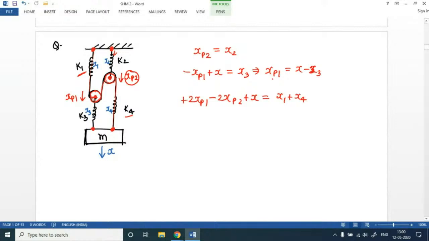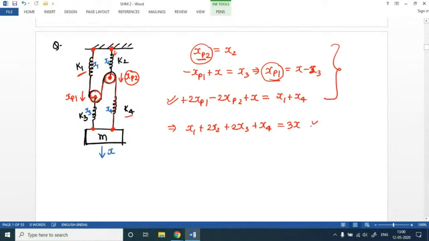The value of xp1 and the value of xp2 we have already got, and when we substitute these values in this equation over here, the relationship which we will get between x1, x2, x3 and x4 would be x1 plus 2x2 plus 2x3 plus x4 is equal to 3x. That is from the combination of these three equations.